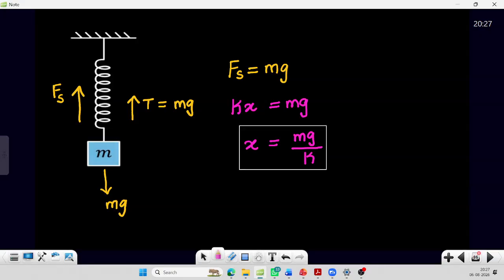The tension and the spring force are both the same only. Tension is equal to mg. And the tension is nothing but what, tell me here? Spring force.